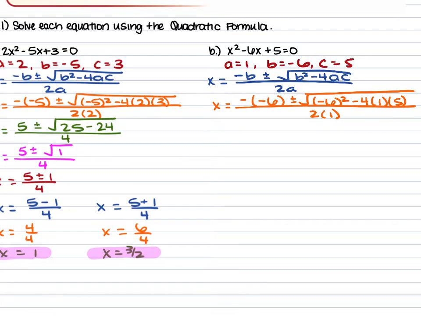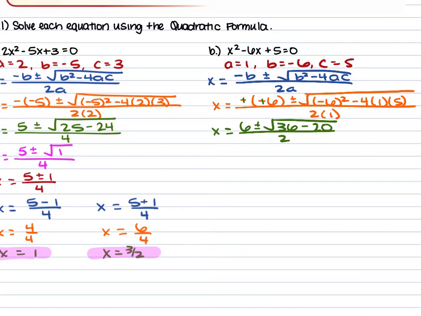From here, the opposite of negative 6 turns it into a positive 6. Plus or minus the square root of negative 6 squared is 36. Negative 4 times 1 is negative 4. Times 5 is 20. All over 2 times 1, which is 2.